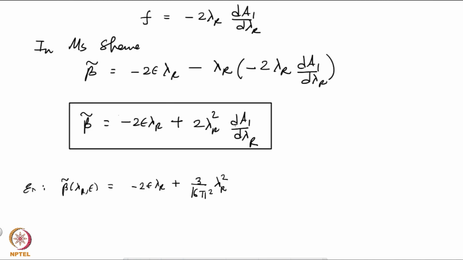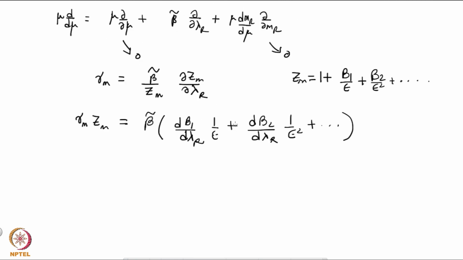You substitute it, compare order by order, and you will see that the expression for gamma m is minus 2 lambda r dB1 over d lambda r.